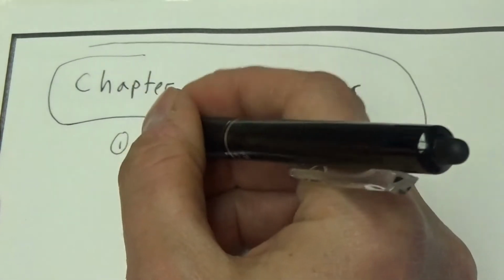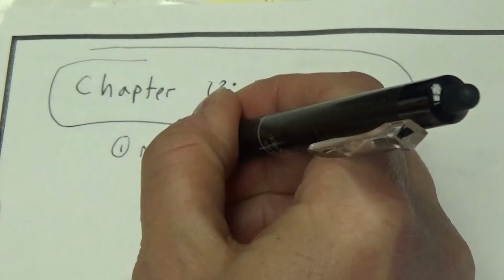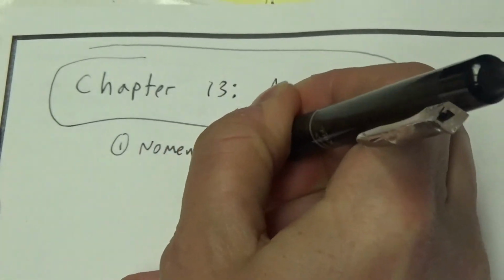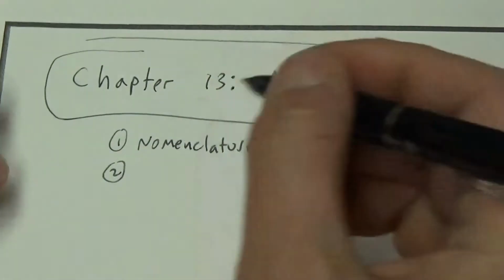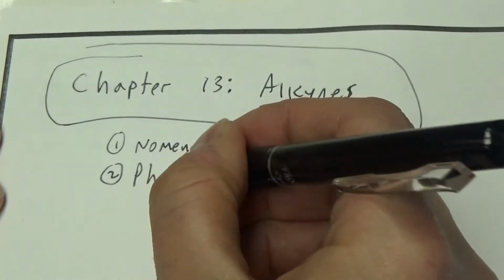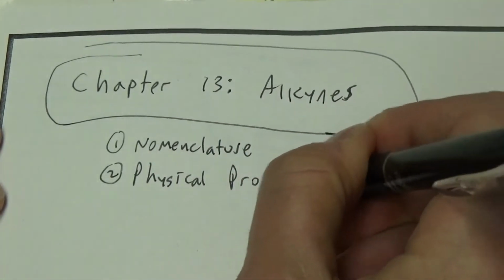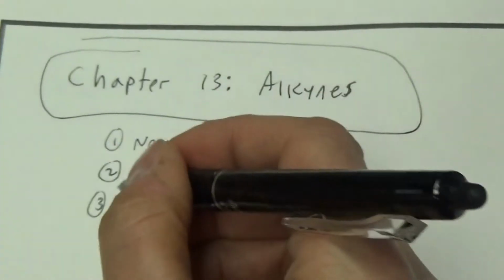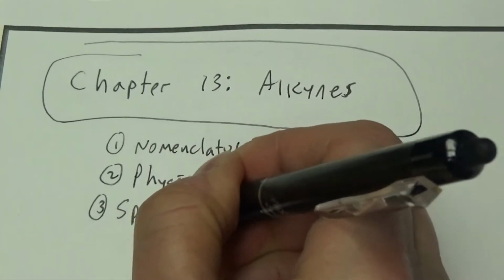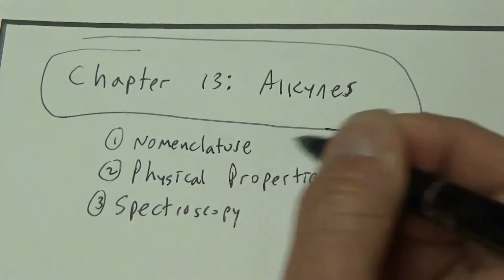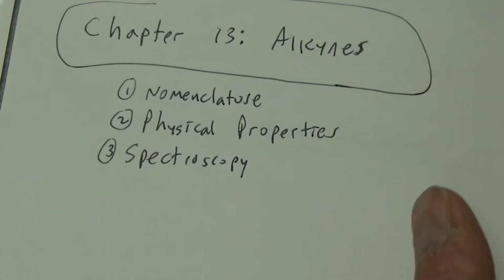I think number 1 was nomenclature. Number 2 was physical properties. Number 3 was spectroscopy. Primarily we were focusing on proton NMR spectroscopy.